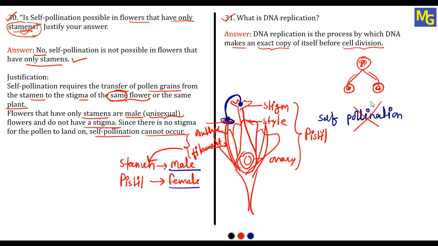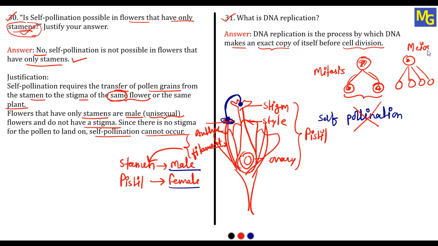There are two types of cell division, mitosis and meiosis. In mitosis, we get two daughter cells. In case of meiosis, we will get four daughter cells, 1, 2, 3 and 4, like this. So this is meiosis and this is mitosis.